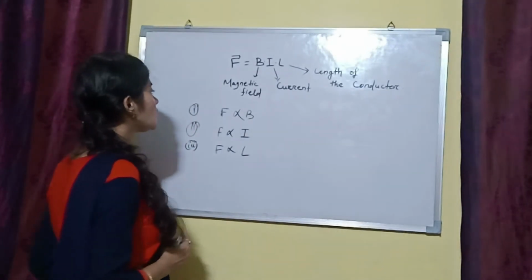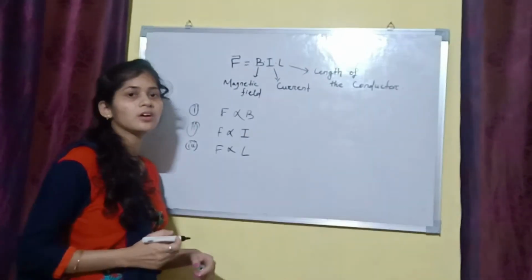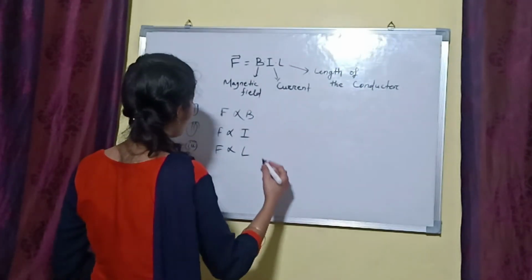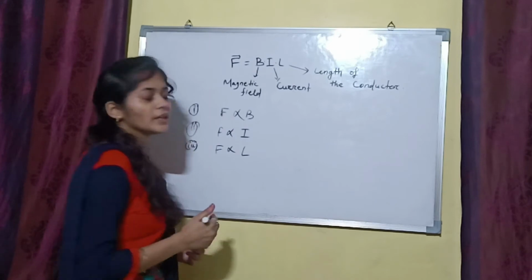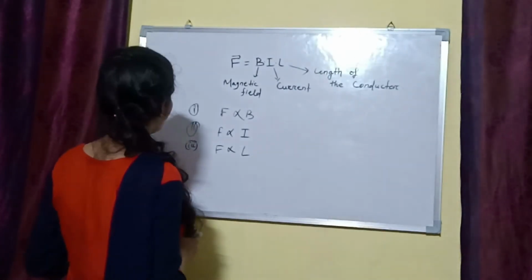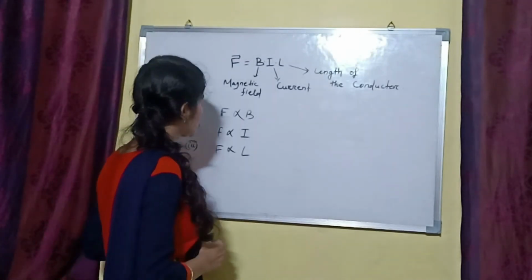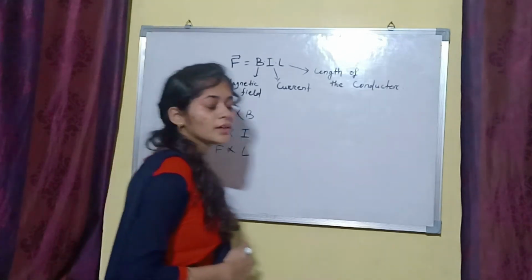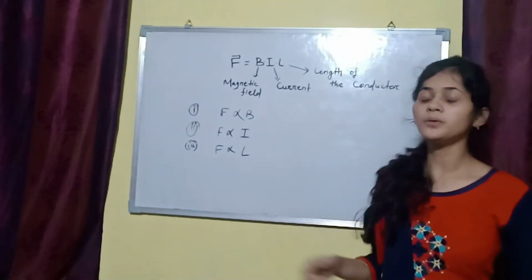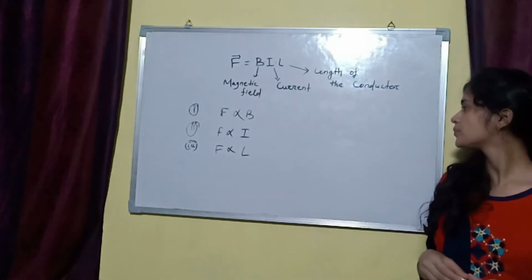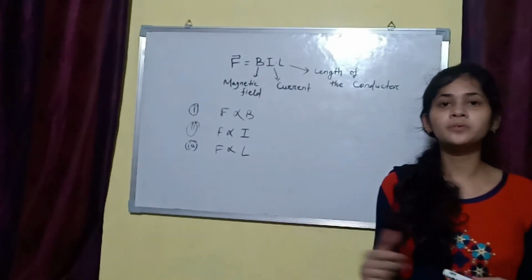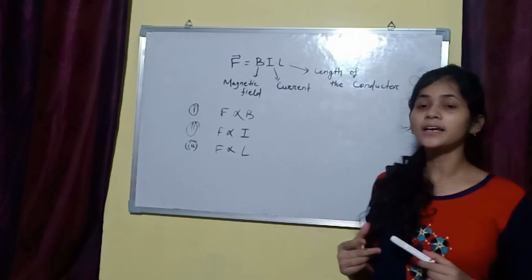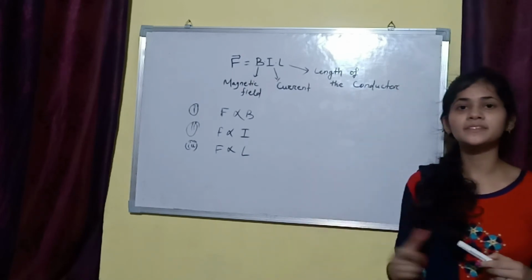If we increase the length of the conductor or by increasing the coil around it, we can increase the capacity of the electric motor. Okay. This is all about the electric motor. So I hope this concept is clear to you, and we can solve the problem by using this concept.